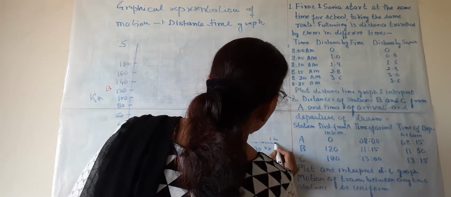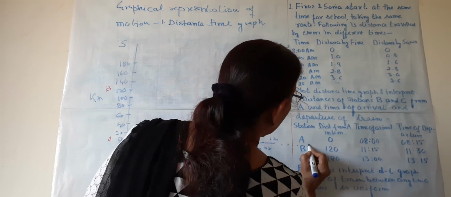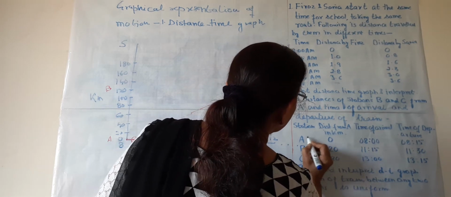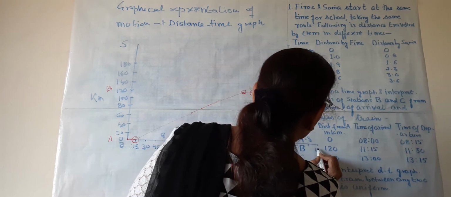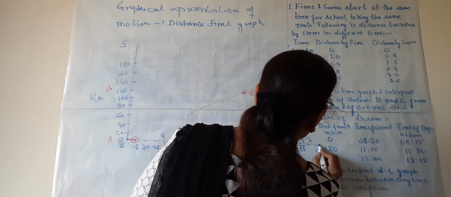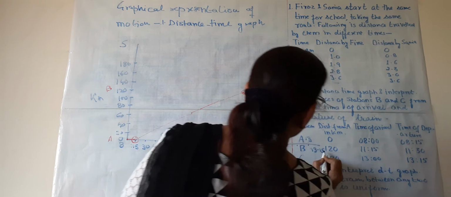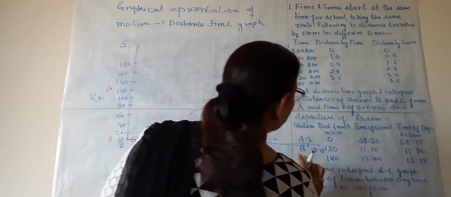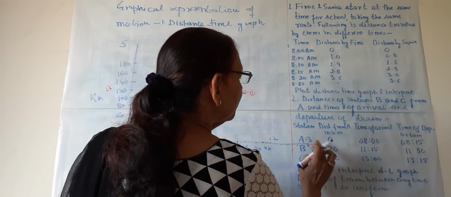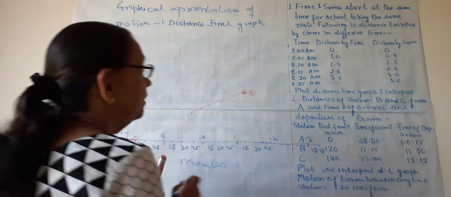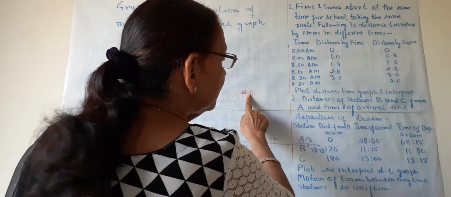We have to go 12:15, 12:30, 12:45, 1 o'clock in the afternoon, or we can write 13:15. So we have to go up to here. This is 12 and this is 1 o'clock and this is 1:15. So up to 11:30 the train is here.